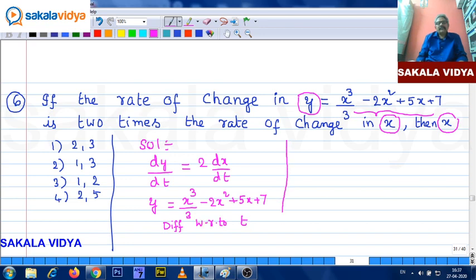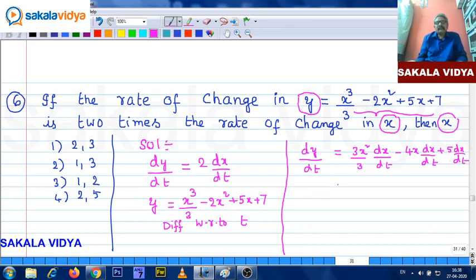So the derivative of y with respect to time is dy by dt equals x cube differentiation, which is 3x square upon 3 into dx by dt, minus 2x square differentiation 4x dx by dt, and 5x differentiation 5 dx by dt, whereas 7 is constant, 0.